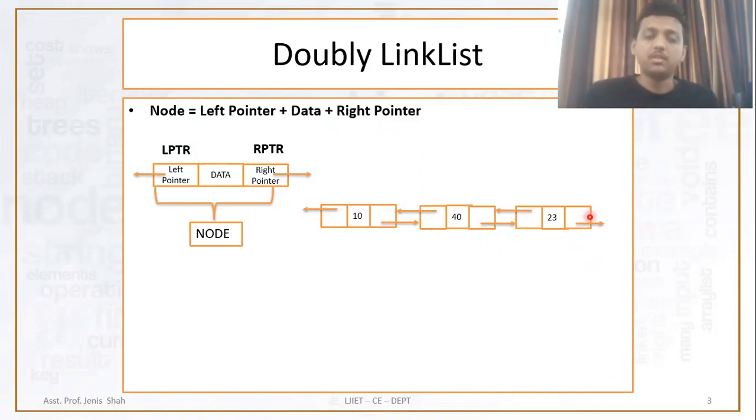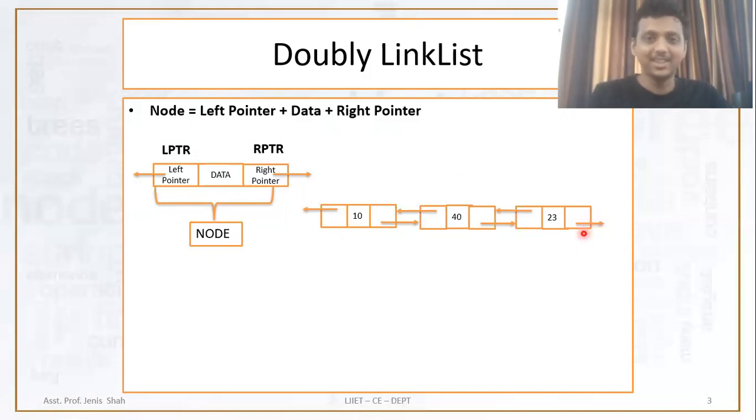Now, one question arises in my mind: we have already told you that in a singly linked list the pointer of the last node points to null. But here, what happens with LPTR of 10 and RPTR of 23?